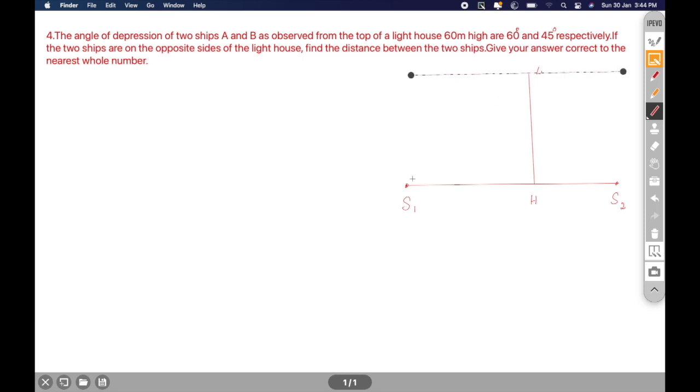Now when we are looking down from L to S1, and then from L to S2, the angle of depressions are 45 degree here and 60 degree here.